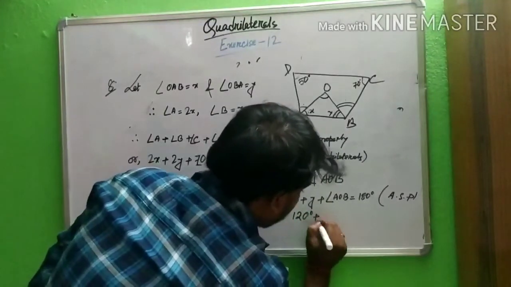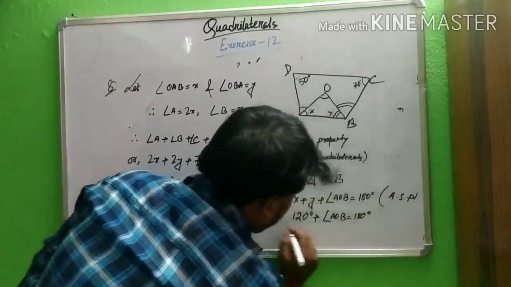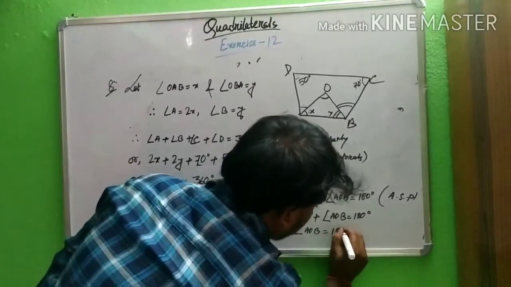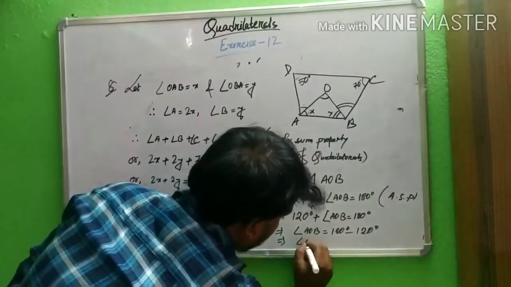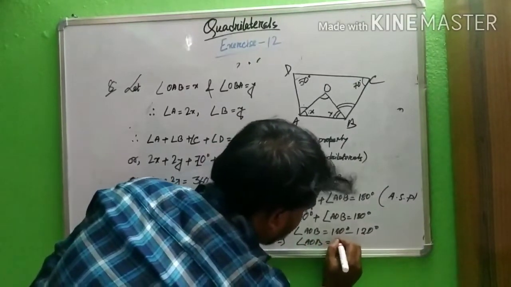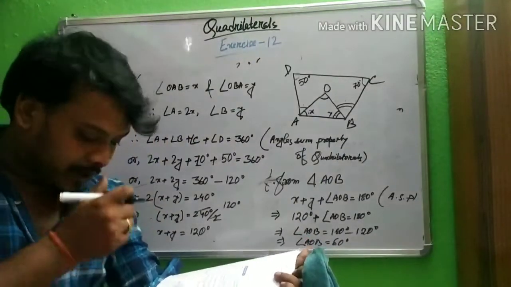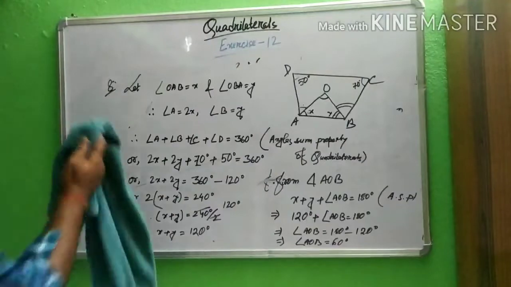So 120 plus angle AOB equals 180, implies angle AOB equals 180 minus 120, it becomes angle AOB equals 60 degrees. And the question is to find the value of angle AOB, so the value of angle AOB is 60. Okay, so question 8 is complete.